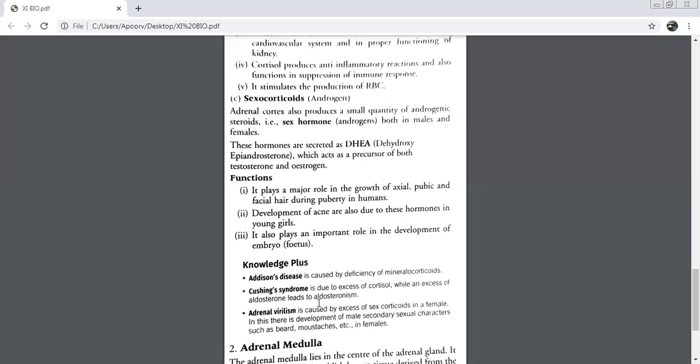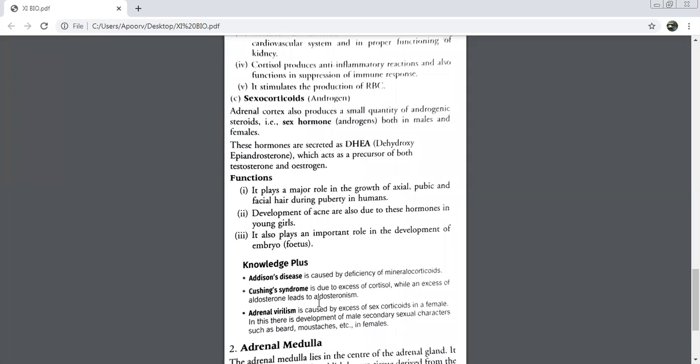All of them collectively produce hormones known as corticoids. The first category of corticoids is called mineralocorticoids, involved in the balance of which 3 minerals? Potassium, phosphate, and sodium.